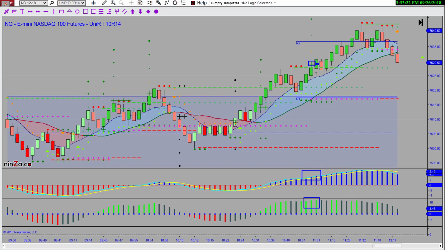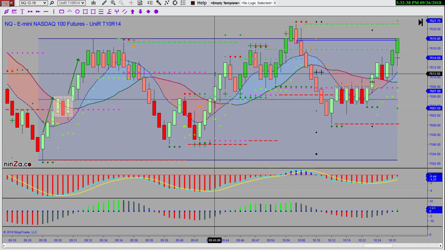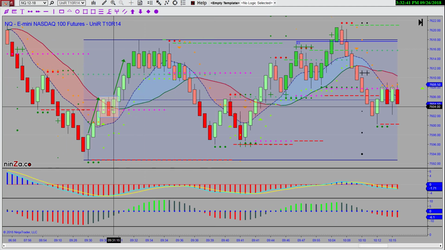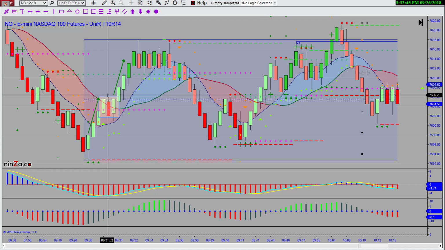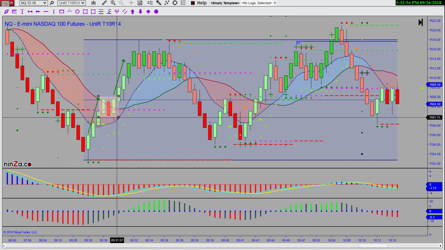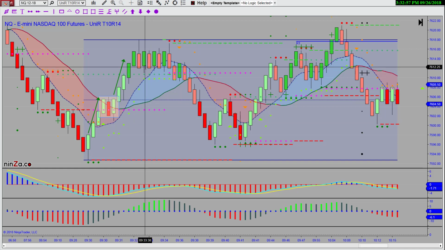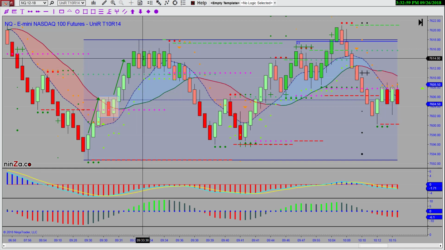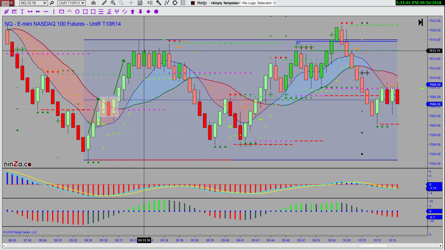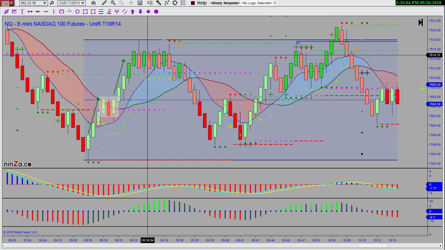Now, one change to that is I really, really, really need the continuation pattern to complete. Because there are many times that you'll get a move up here and then a move right back down and it closes still back down inside the box. We had a continuation pattern here, but it didn't follow through.